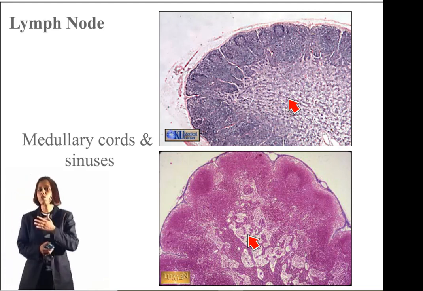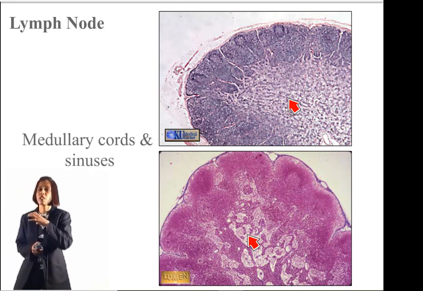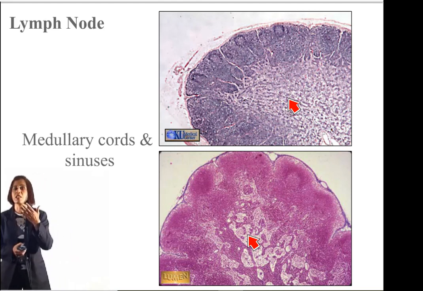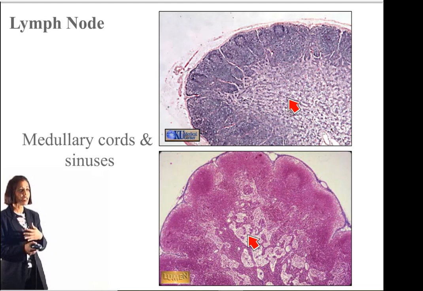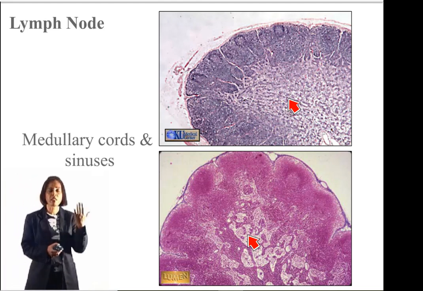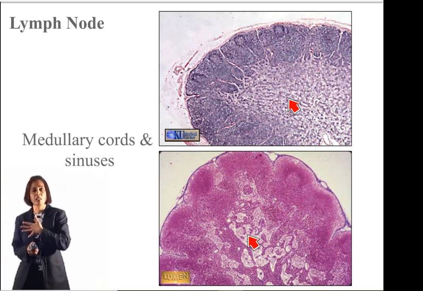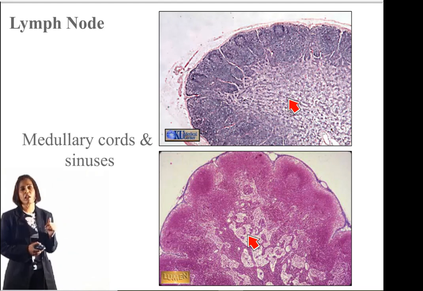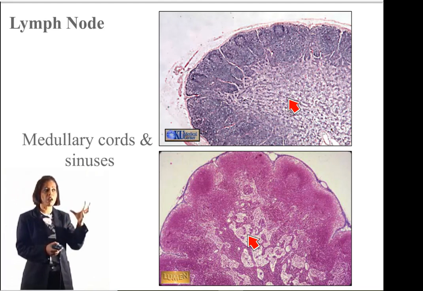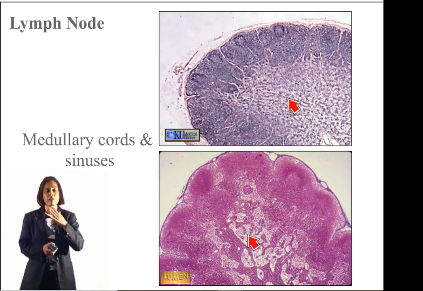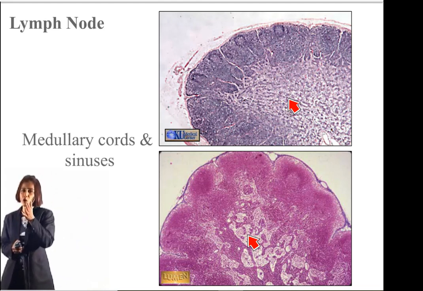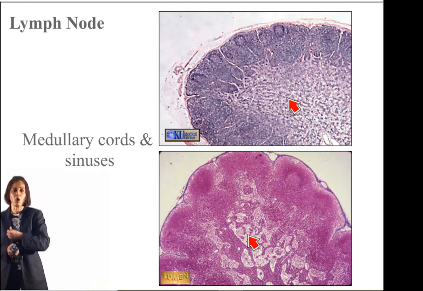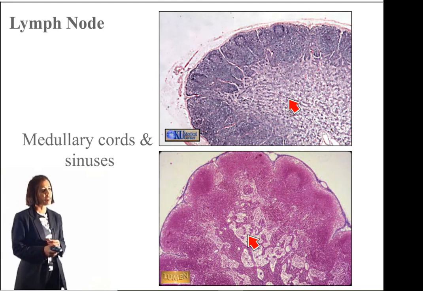And in between those medullary cords you see empty spaces which are actually dilated lymphatic channels known as sinuses. So you notice that the cortex is darkly stained and the medulla is lighter stained. The reason it's darkly stained is because the lymphocytes are concentrated in the cortex, whereas in the medulla they are more discrete and just form thin cord-like structures.